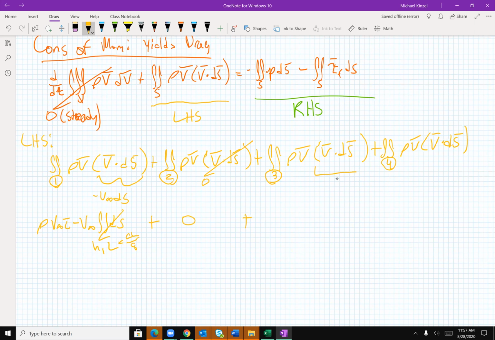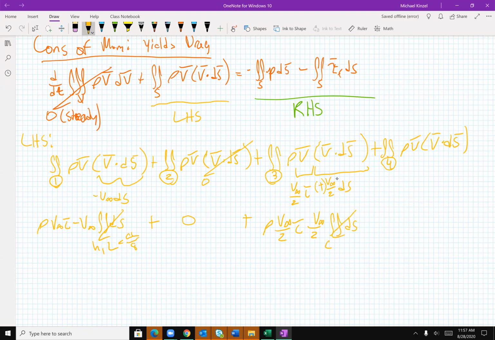The third term, recall this equals positive V infinity on 2 ds. This term is going to be V infinity on 2 times I. We plug all those in, we get rho V infinity on 2 times I V, this is a positive, times V infinity on 2 the integral of ds.